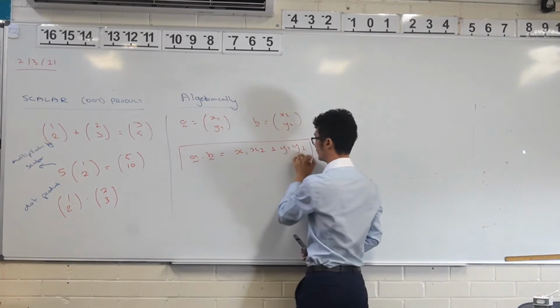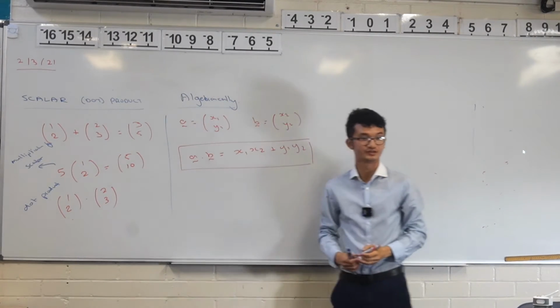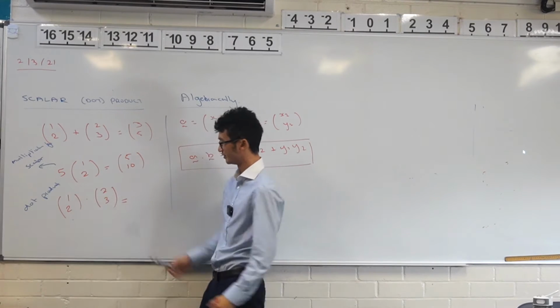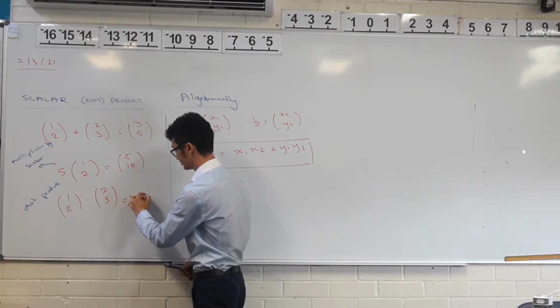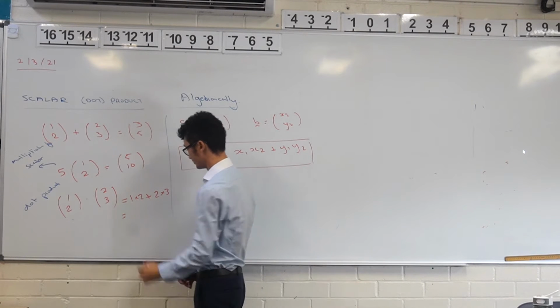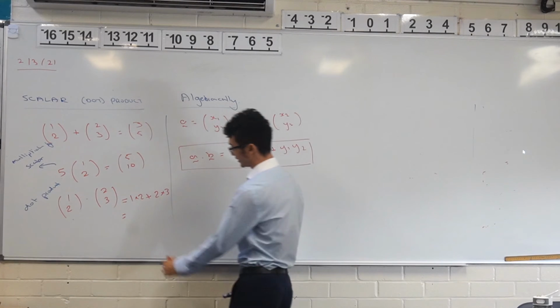That is my formula for what we call the scalar product. And so we could look at an example for this one. That would just be 1 times 2 plus 2 times 3. Right? And that's going to give me 8.